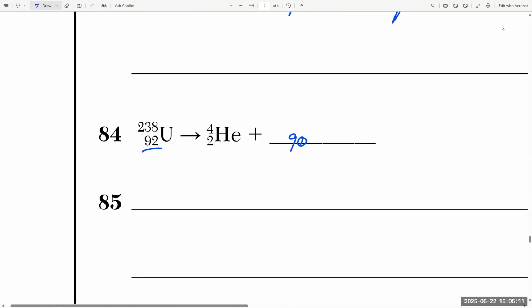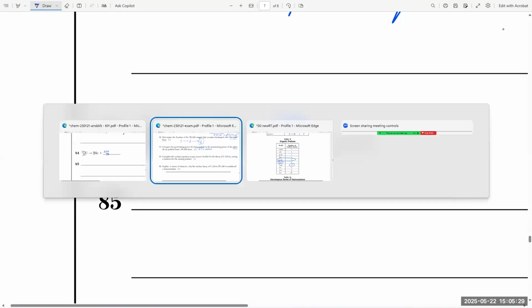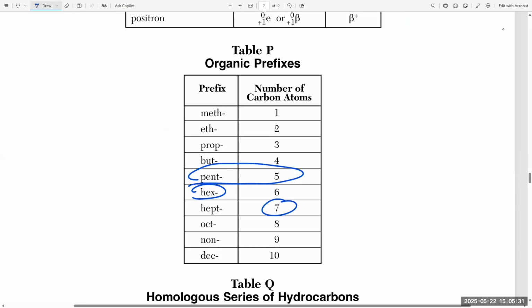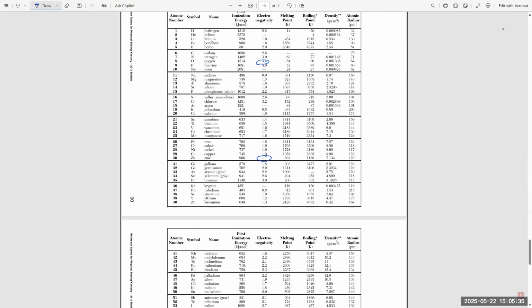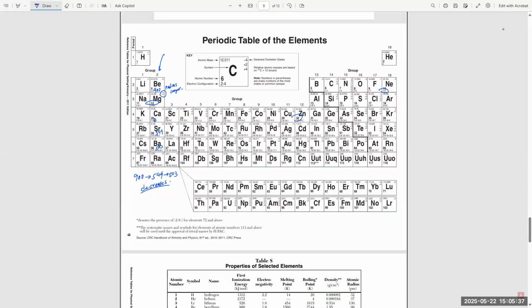238 is on the left side. And on the right side, you got a 4. So 4 plus what gives us 238? 234, right? Like that. Now the question is, who is this guy, right? Remember, if you don't know, take a look. Uranium, 92, helium 2, right? Is that correct? Let's go to our reference table and take a look. And if you see here, sure enough, right?